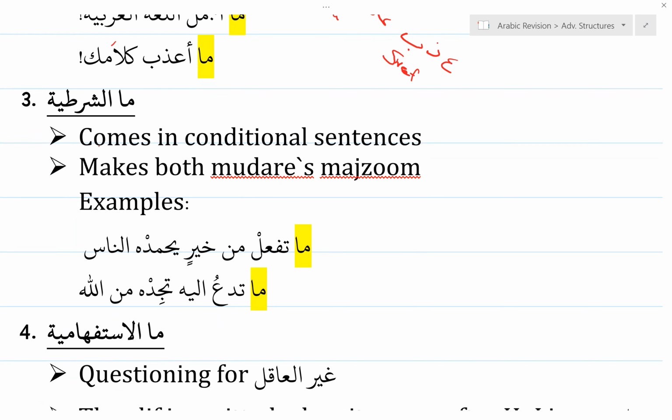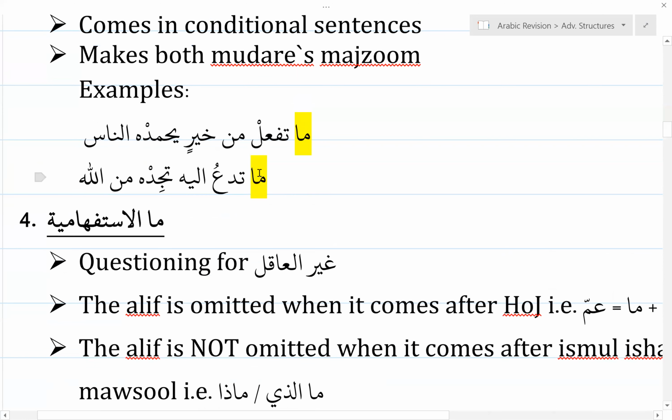For example, ما تفعل, from فعل يفعل, تفعل comes in the majzoom form. ما من خير يحمده الناس. Whatever of khair you do, people will praise it. That's the condition, and يحمده الناس is the jawab of that condition. We are familiar with this structure.